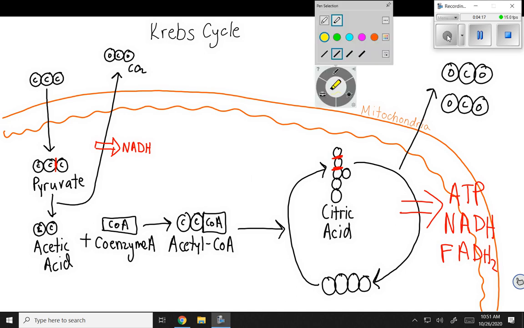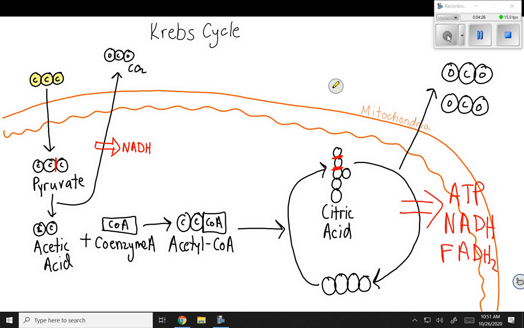And let's label our carbons like we did in photosynthesis. So here is our original 3 carbons of pyruvate. Remember, those came from glucose from photosynthesis. And then our 3 carbons enter the mitochondria, and 1 is broken off and exhaled. So 1 carbon was released, making the electron carrier in the process, and then we have 2 carbons still inside the mitochondria.